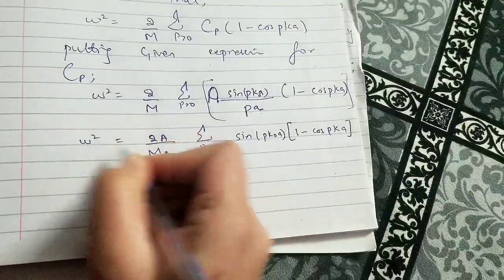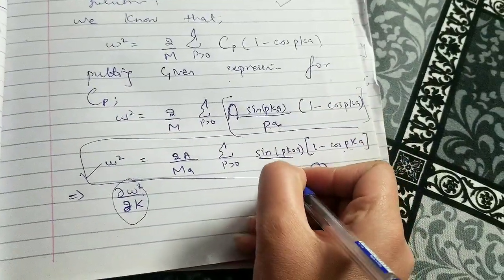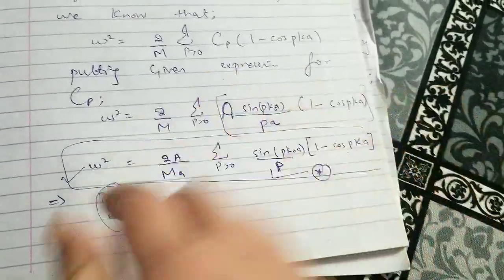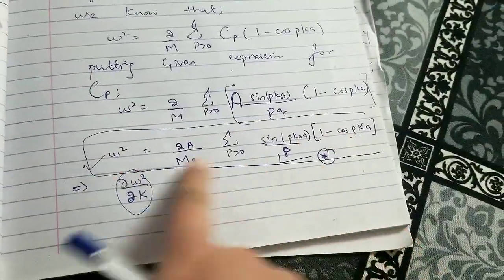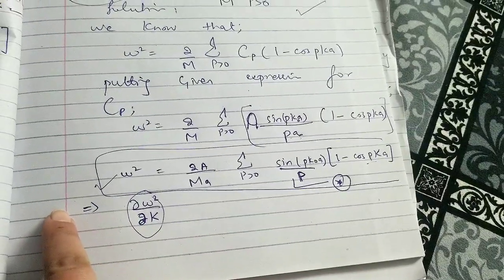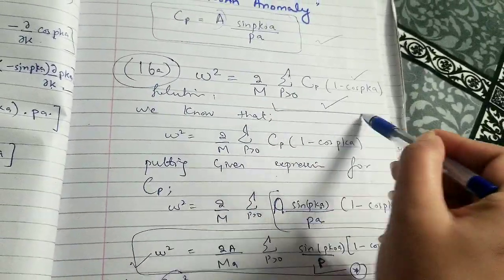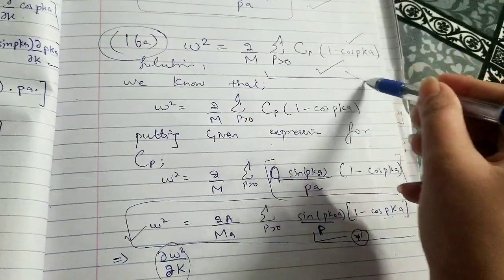This is the expression for omega square, divided by p. We simply found it by plugging the value of Cp into the expression mentioned in the problem.